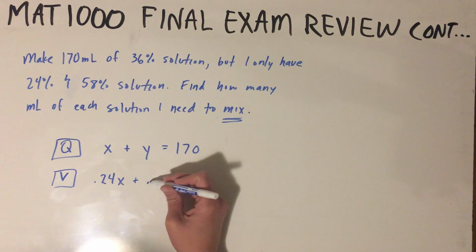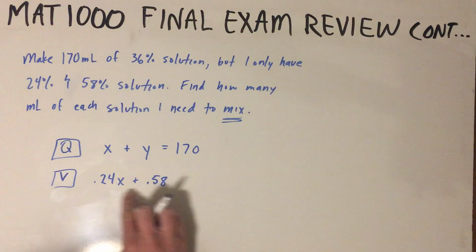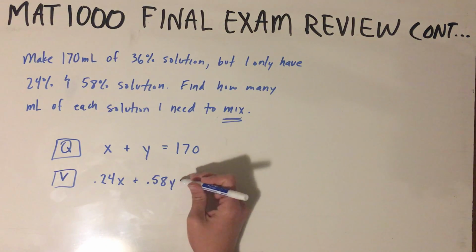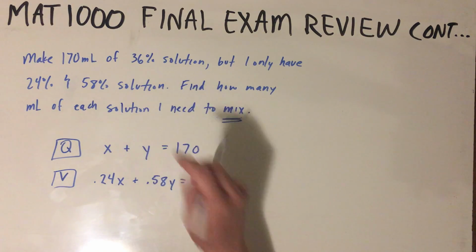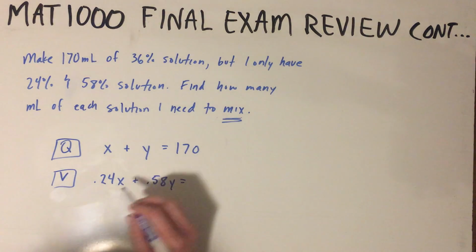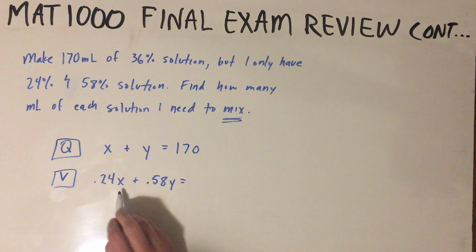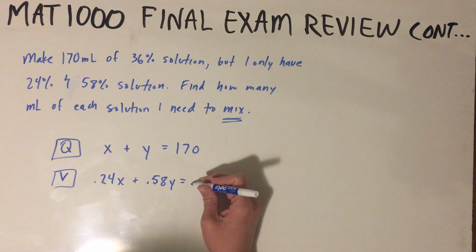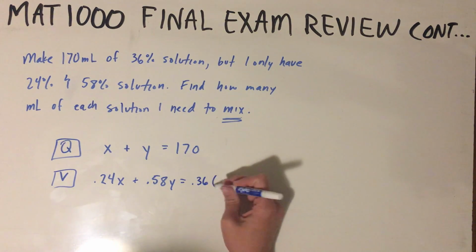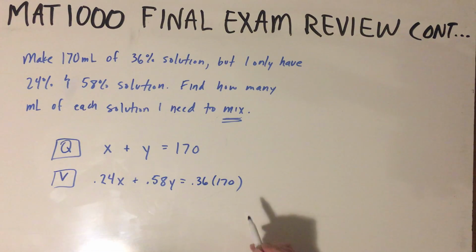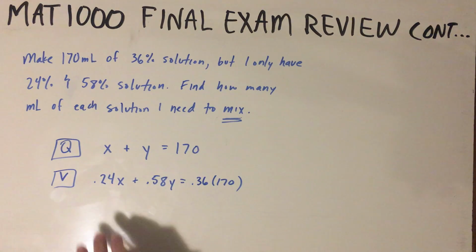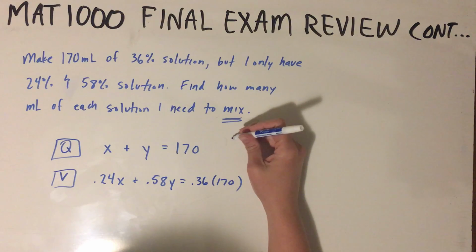And the 58%, which we're going to write again as decimals, times the y is going to give me the percent of this solution. Again, this is the percent times the quantity, percent times the quantity. So I'm looking for the percent of the total times the quantity.